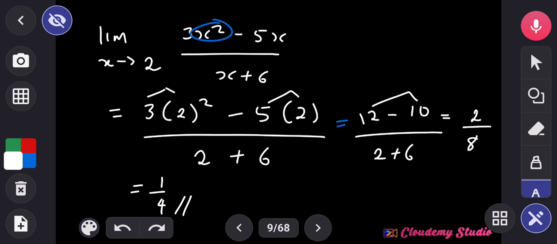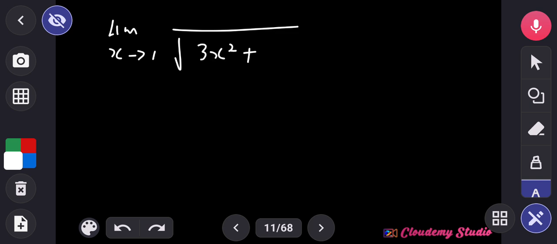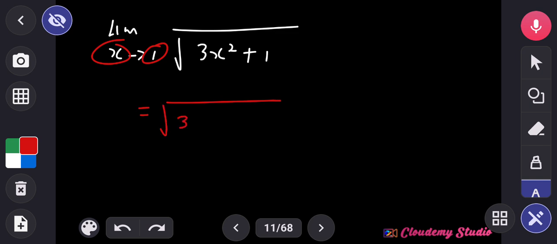Now, let us do another question here. Let us say that limit of x tends to 1 of root of 3x squared plus 1, for example. What we are trying to say is that anywhere we see x, we put 1. You understand? So that will be equal to root of 3 into bracket 1 squared plus 1.